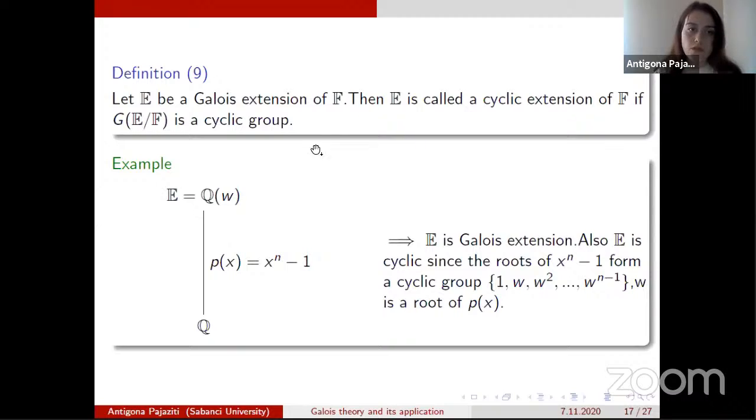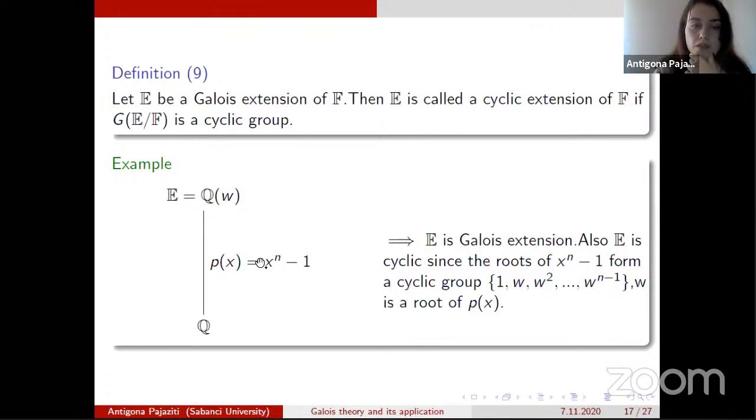To see it better, I wrote an example here. I took this polynomial x^n - 1, which is monic and irreducible over the field of rationals. And I found an extension E, which is Q adjoin w, where w is the root of this polynomial. And now, because it contains n roots, I know that it is a finite, separable and normal extension, because this is the splitting field of this polynomial, and if it is finite, then it is also a normal extension.